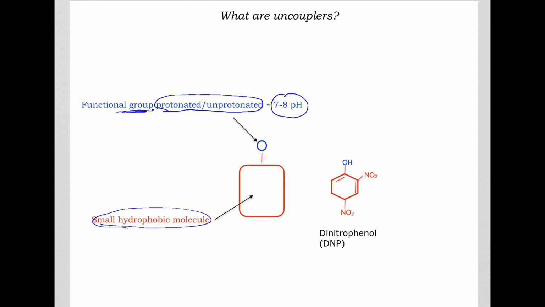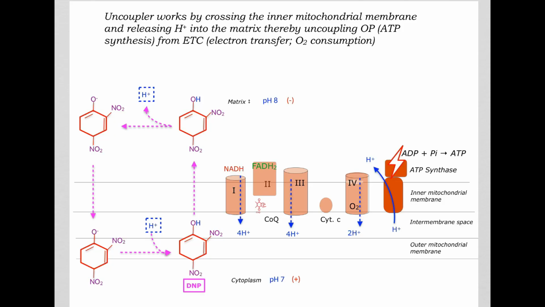This is the pH range across the inner mitochondrial membrane. One of the best examples of an uncoupler is dinitrophenol. You can see this is a small, very hydrophobic group, and there is this phenol hydroxyl group that has a pKa around this area.